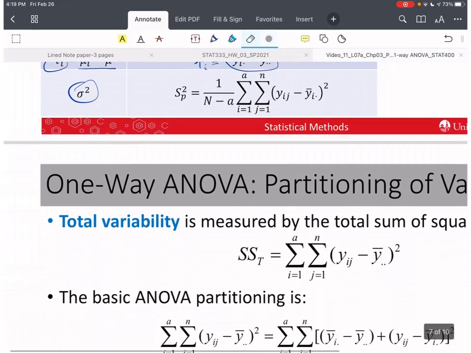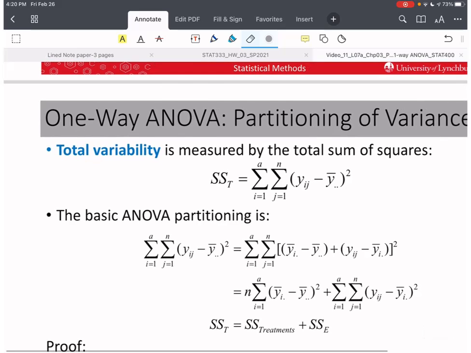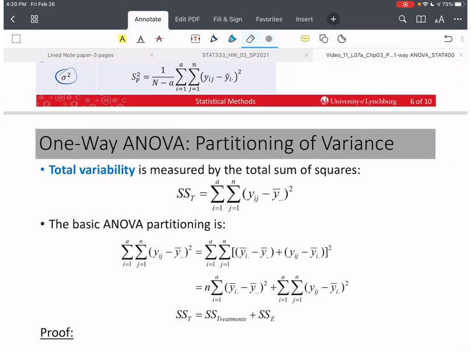All righty. Now, ANOVA. ANOVA stands for Analysis of Variance. So we're going to be analyzing the variability of the experiment. And how we do that is we're going to partition the variance. We're going to do this in order to find the test statistic.